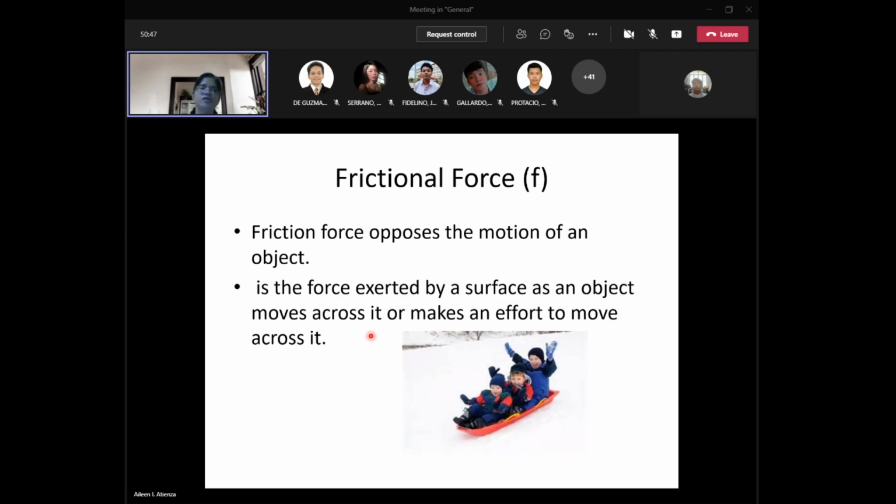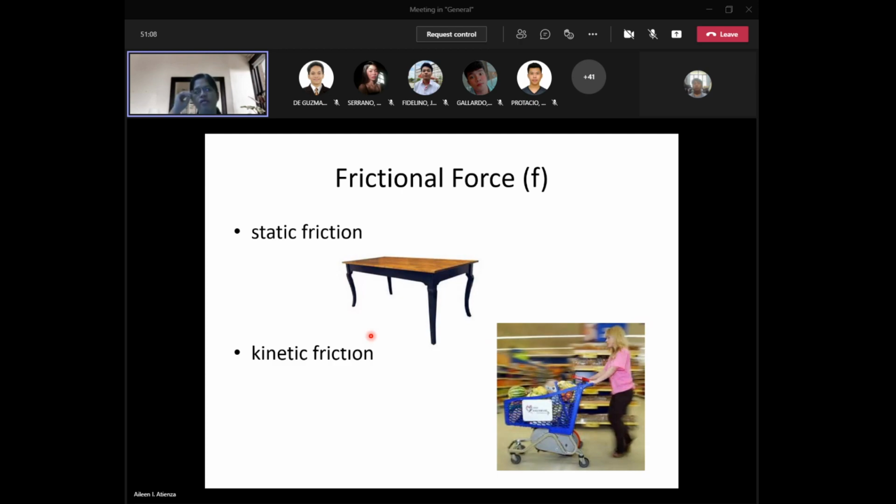The direction of the frictional force is always against the motion of the body. Lagi silang baliktaran. Kung papunta sa kanan yung object, papunta sa kaliwa naman yung frictional force. And under frictional force, we have static friction and also kinetic friction.